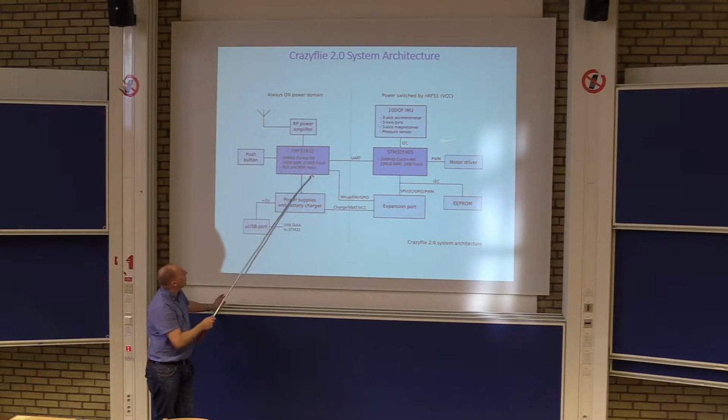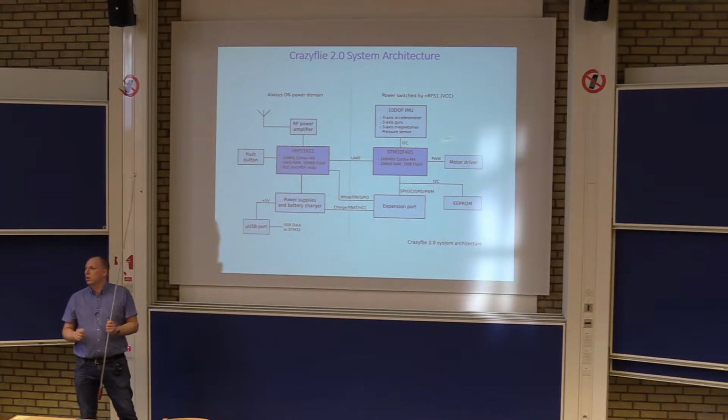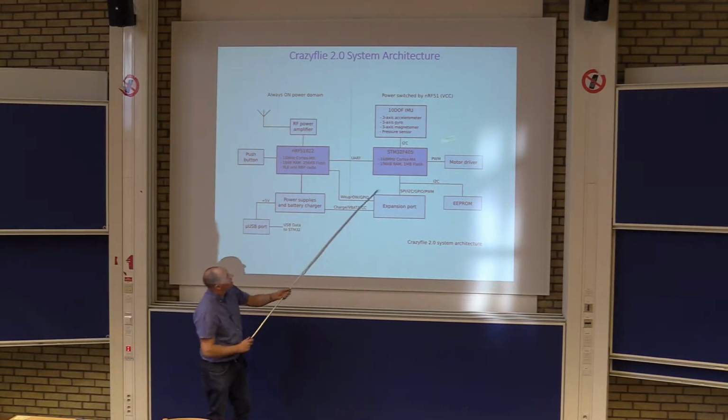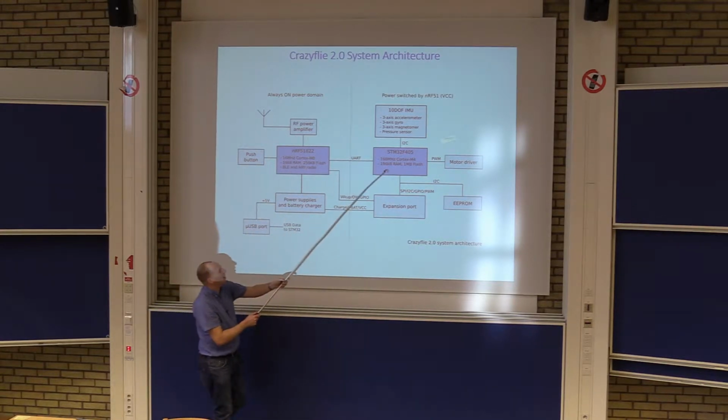The main responsibility of this processor is to manage the power on the quadrotor and interact with the radio module. So when you send down new code, you flash this one, and the communication will go through this processor when you update the program for that processor.